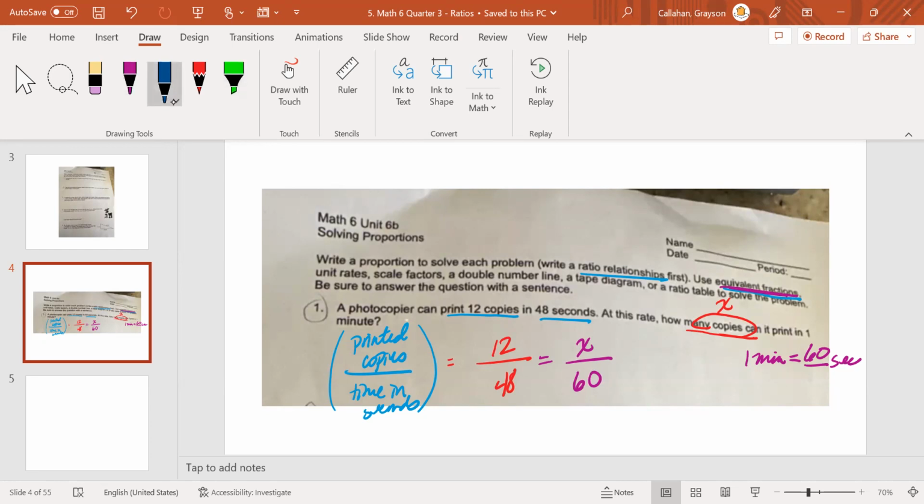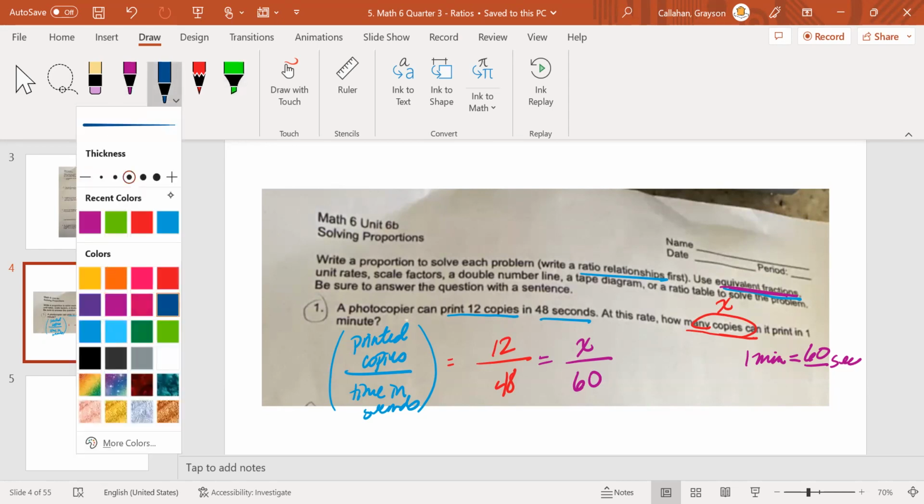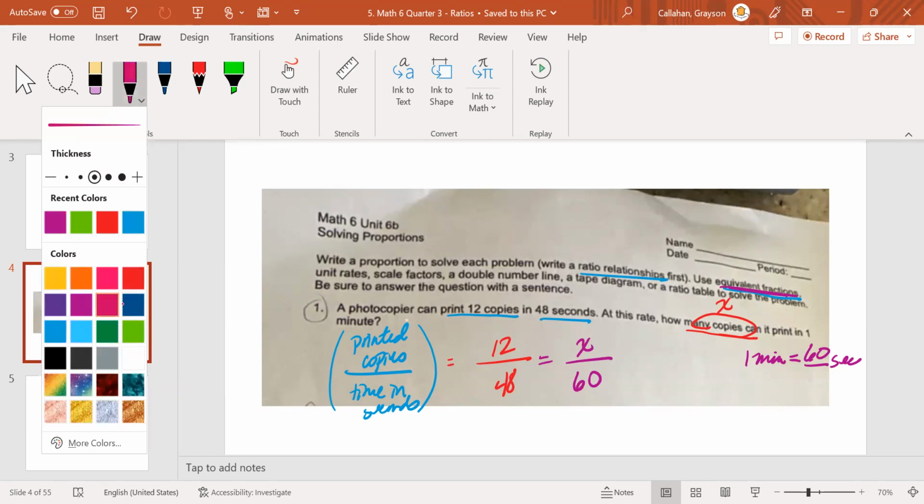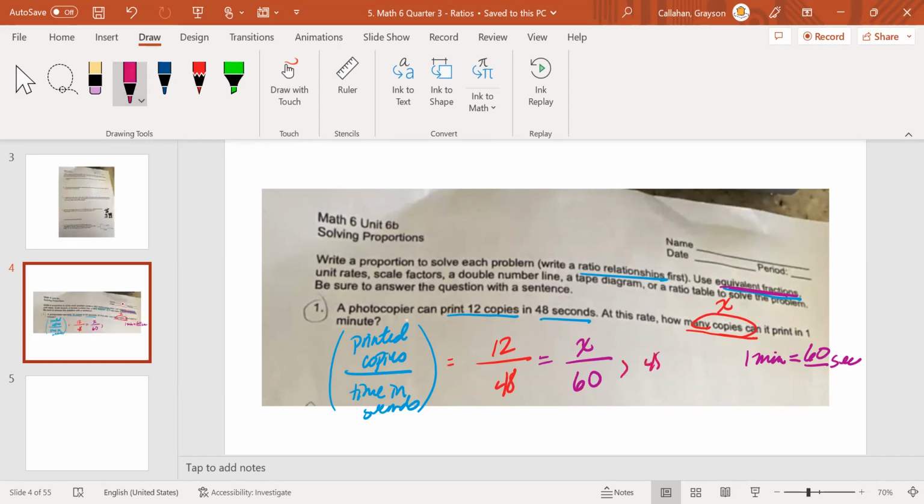So then we're going to go ahead and cross multiply. So 48x equals 12 times 60. What's 12 times 6? 72. 720, because you have to put a 0 there. Divided by 48 on both sides.